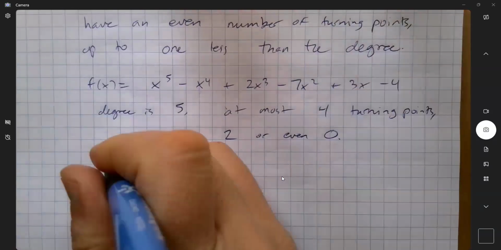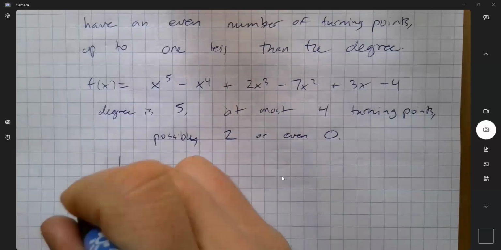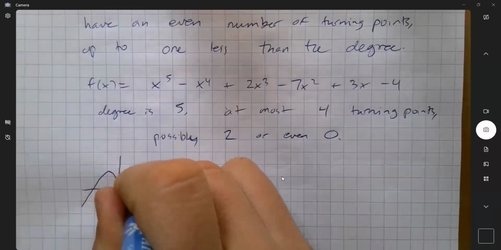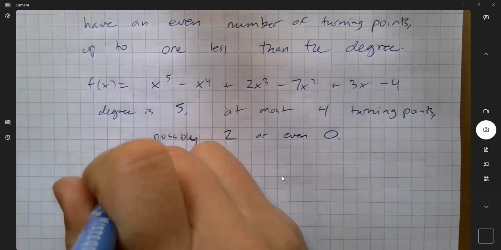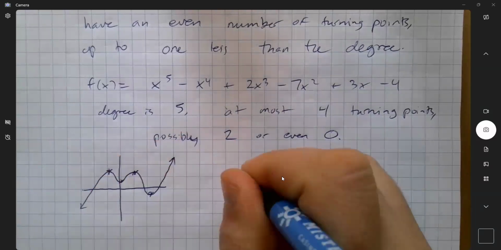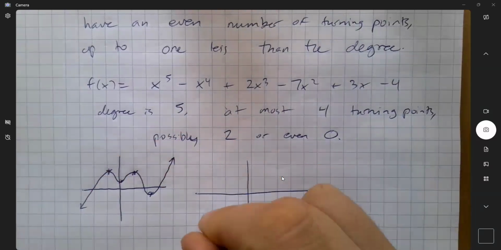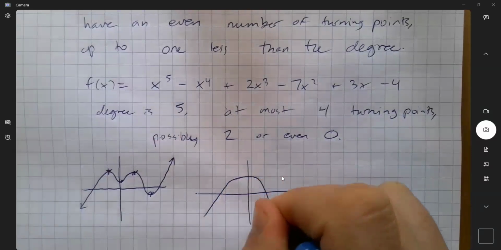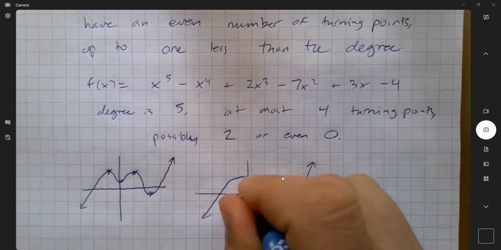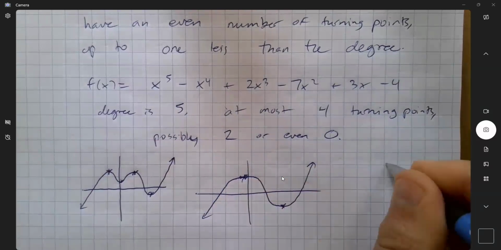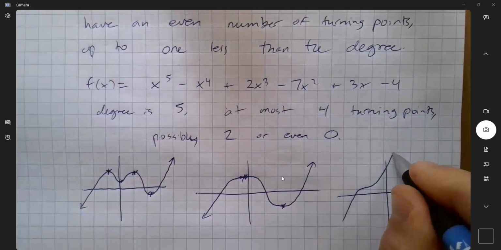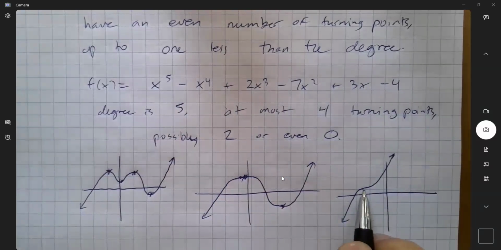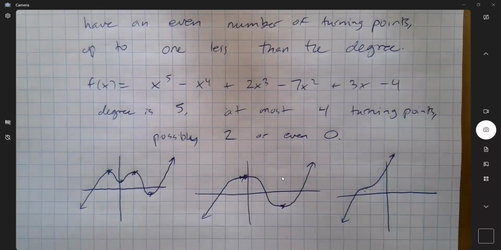So my possible graphs, just sketching them very roughly, could look something like 1, 2, 3, 4, maybe like this. Or it could look like 1, 2, and it could potentially have no turning points, which might look something like that. Now it's flattening out, but that's not going to be a maximum or a minimum, so it's not a turning point.